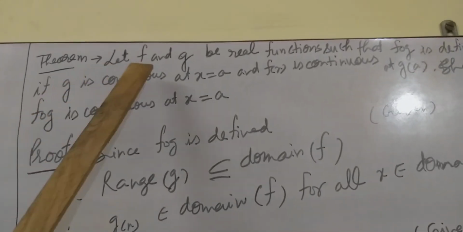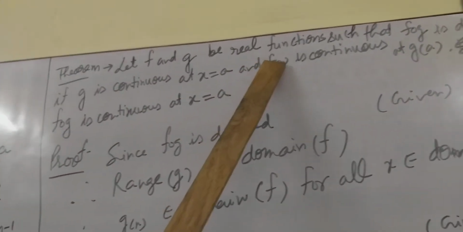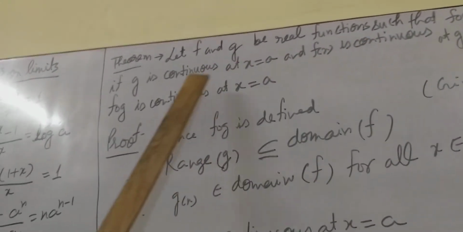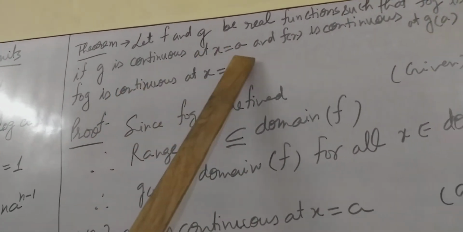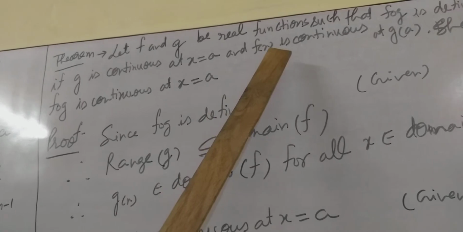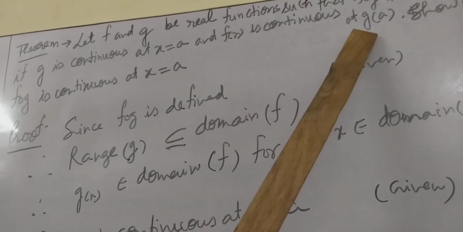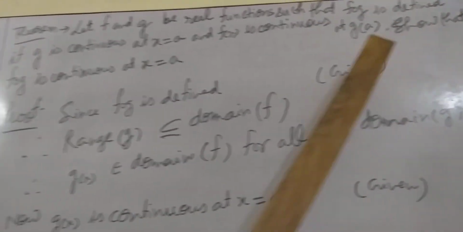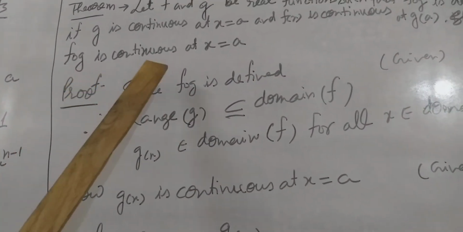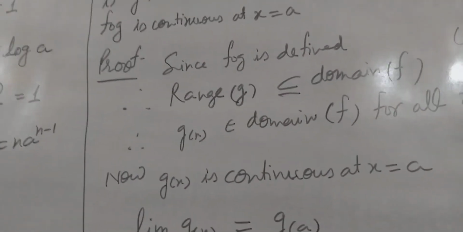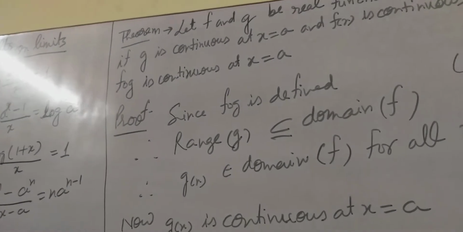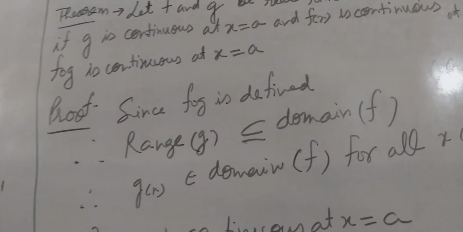Students, two real functions are given to us. Fog is also defined. g is also continuous at x equal to a. f is continuous at g(a). So these all are given to us. We have to prove fog, the composition of f and g, is also continuous at x equal to a. This we have to prove.